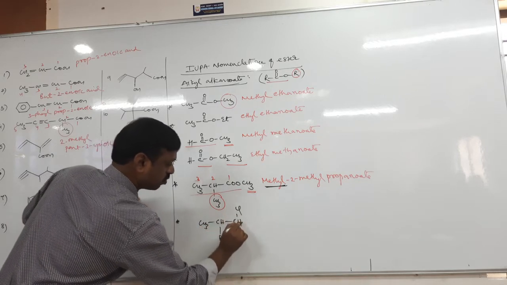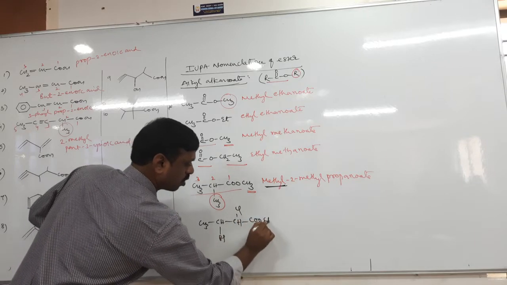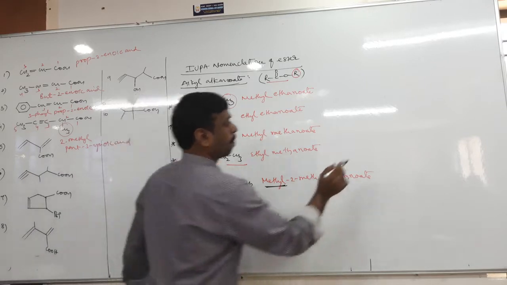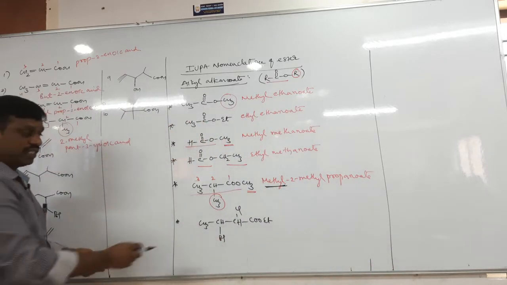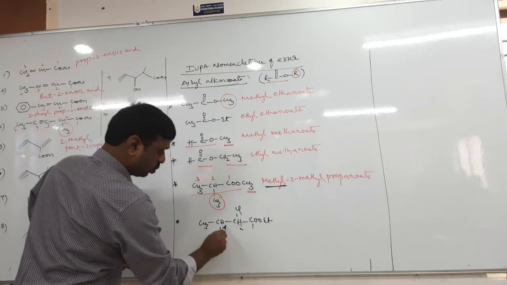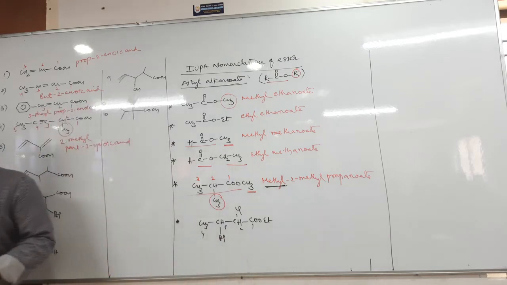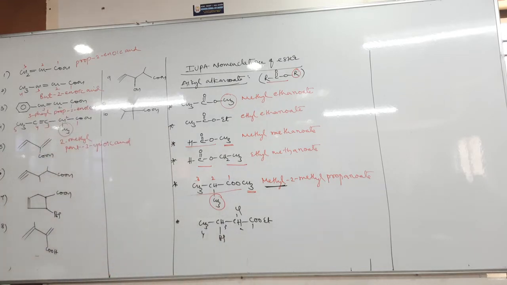Next. Then again same rules. Write the IUPAC name. By using general rules, it is an ethyl, then numbering 1, 2, 3, 4 according to alphabetical order. Okay.